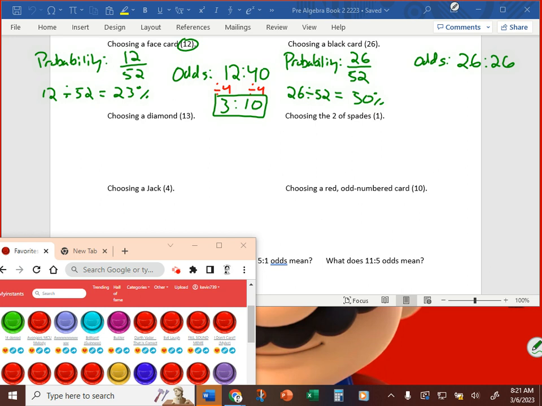Let's simplify that. How do we simplify 26 to 26? Divide by 26. Simplified, our odds are 1 to 1, which means for every black card that you pick, you'll pick a red card, right? 1 to 1, 50%. Just as many successful as there are unsuccessful. Okay. Questions on this?